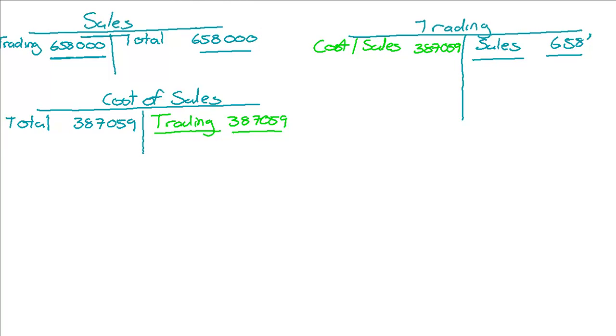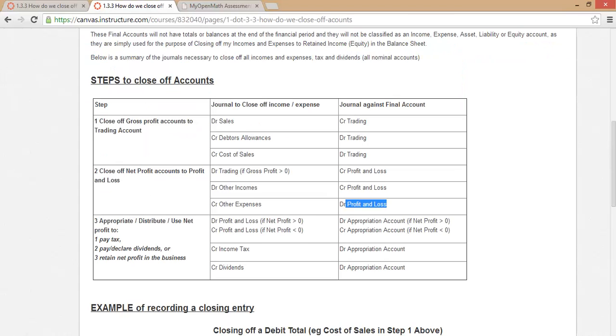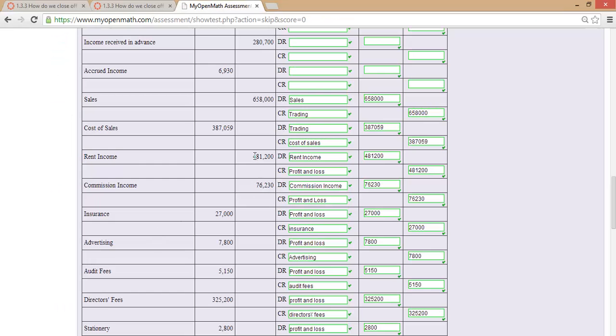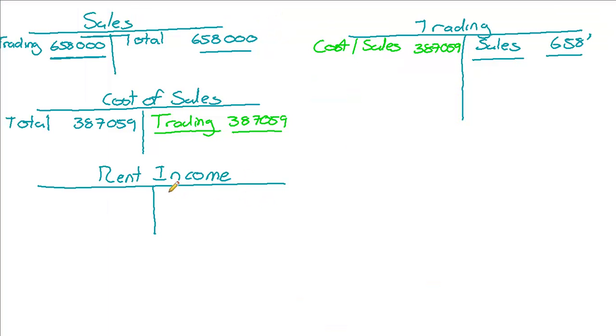Right, so we've got rent income here in my general ledger. Looks something like this. Rent income. We have a total of 481,200. All right, there's my total, 481,200. Now to close this off, we're going to have to record a debit on rent income.